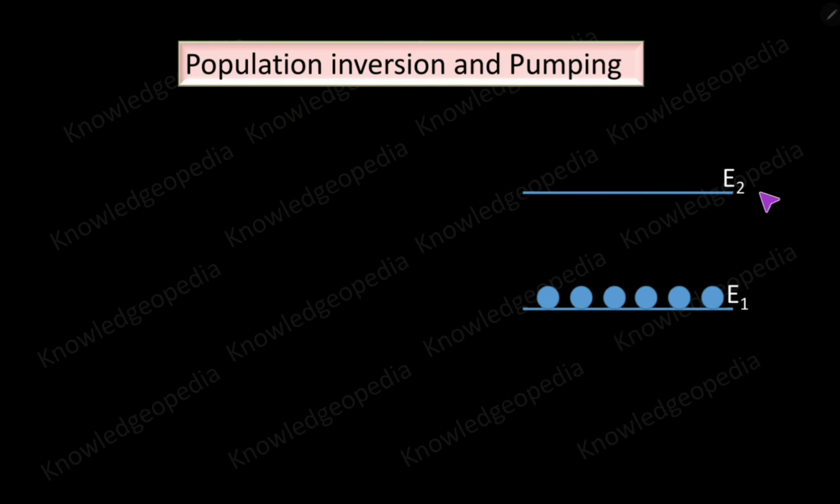Here I have drawn two states. This is the ground state and this is the excited state. And generally at thermal equilibrium, the electrons used to be in ground state, right? So these are the electrons which are there in the ground state.